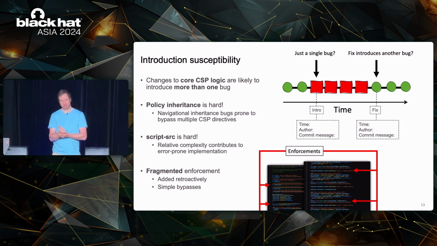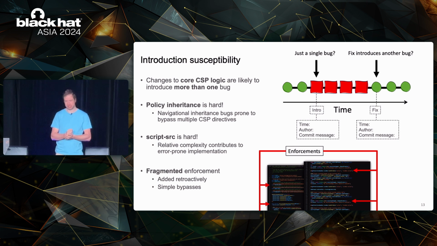So whenever there's a change made to the core logic of CSP, it's quite likely that more than a single bug will be introduced. That's because we did this analysis of these 75 bugs, and that's kind of what we found.